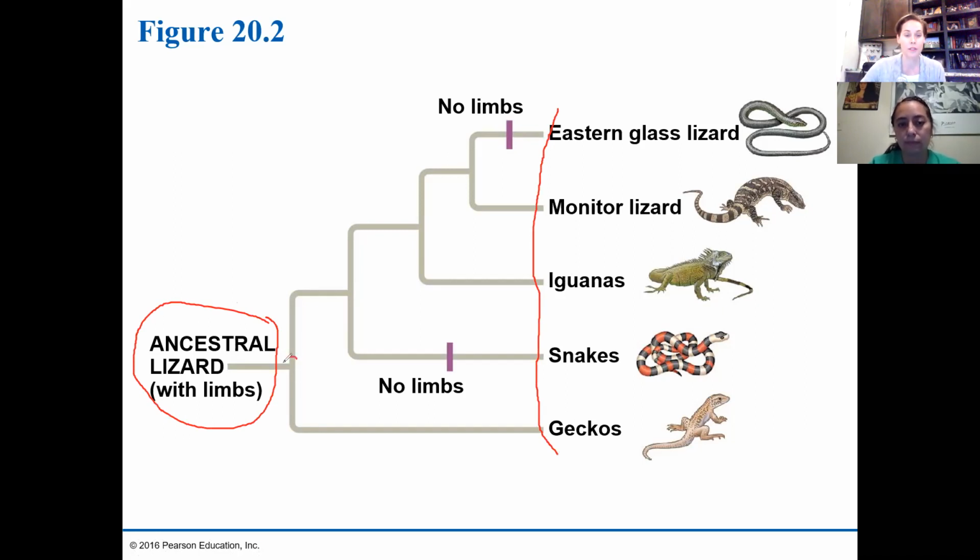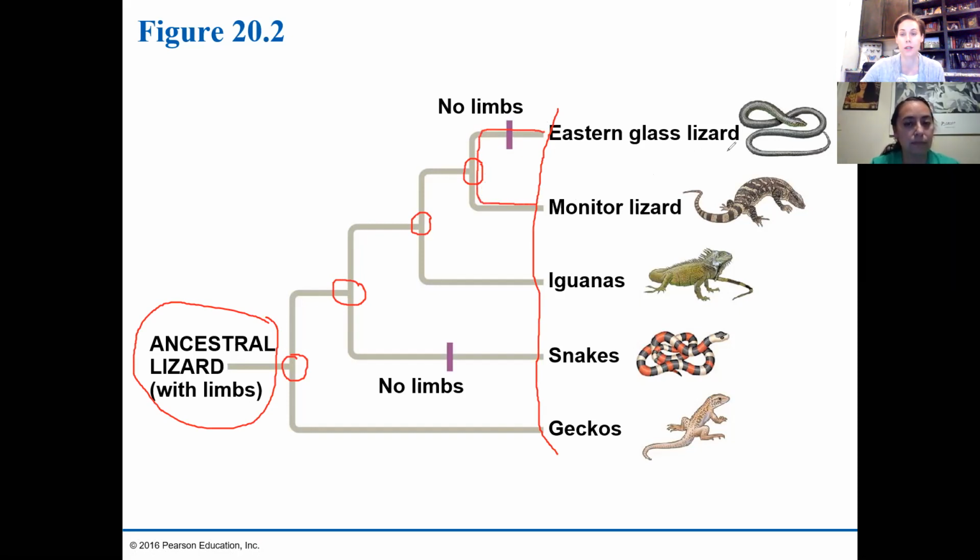And wherever you have these branches in these lines, these are where there was an extinct common ancestor. So if you're looking at this phylogenetic tree, where you have the little branches like this where they share a common ancestor, these two guys are much more closely related than even iguanas and geckos, even though they look very similar, or this monitor lizard and the iguana, because their common ancestor was a little bit further behind.